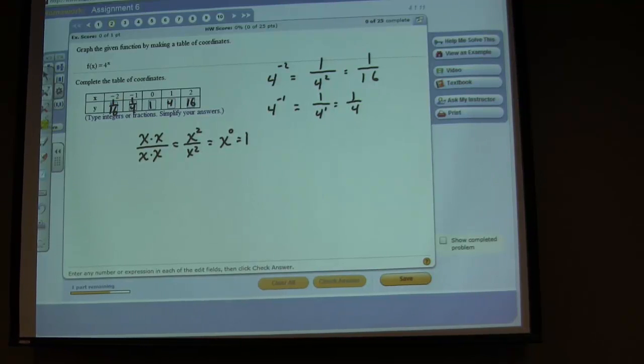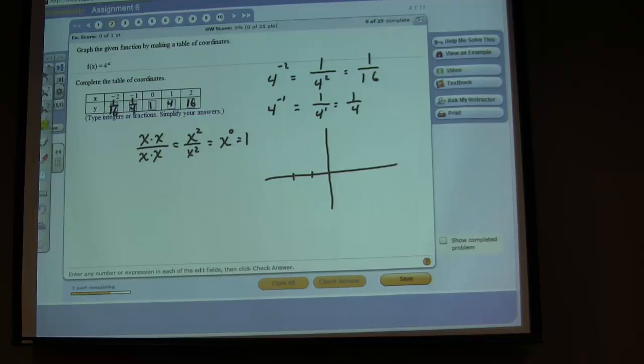So if we were to graph this, at minus 2, we said we had 1/16. Let's put 1, 2, 3, 4. So 1/16 would be way down here. 1/4 would be a little bit higher. When x is 0, y is 1.